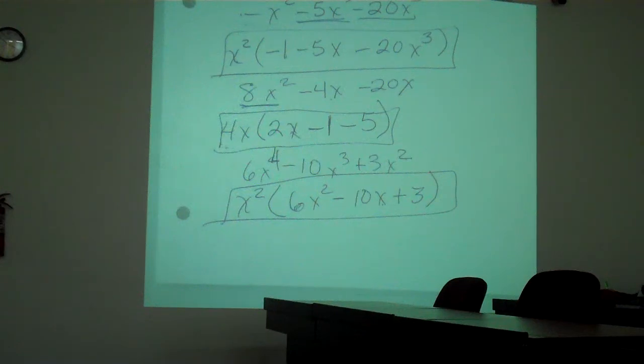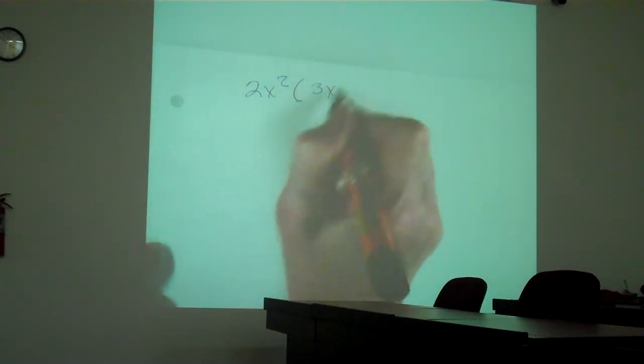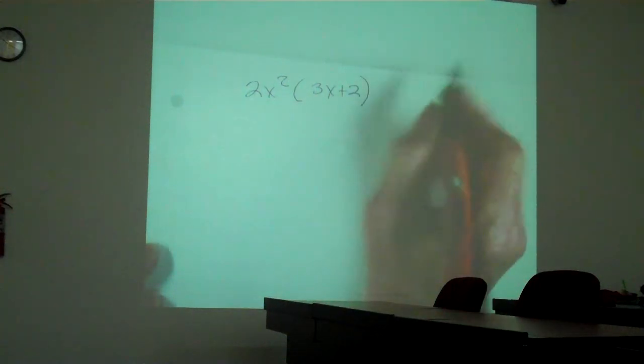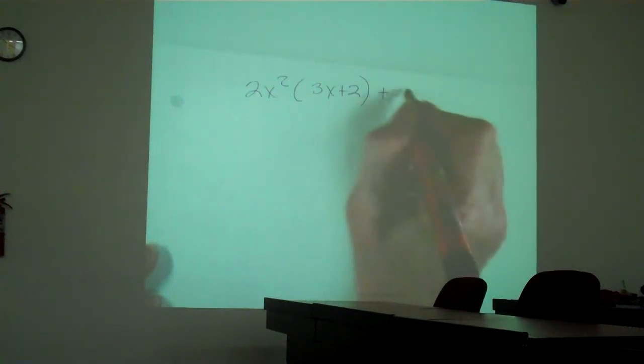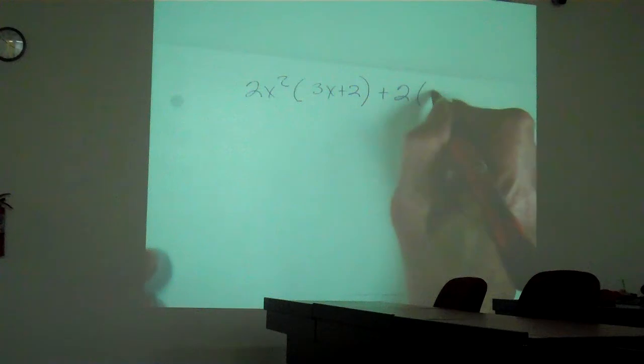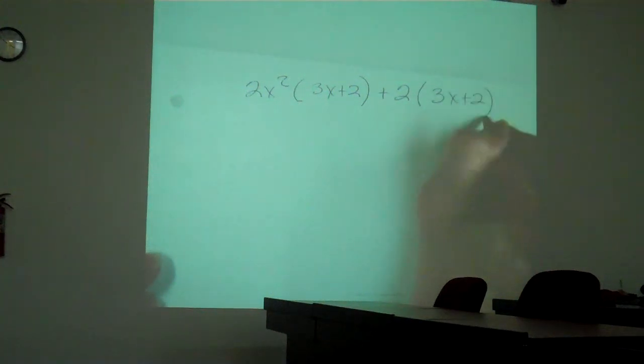Okay. Let's do where we're factoring out something they have in common. If we have 2x squared times 3x plus 2, then we have plus 2 times 3x plus 2.